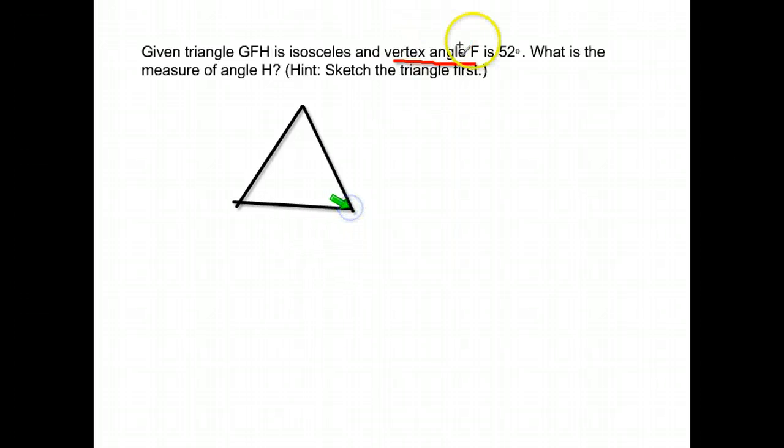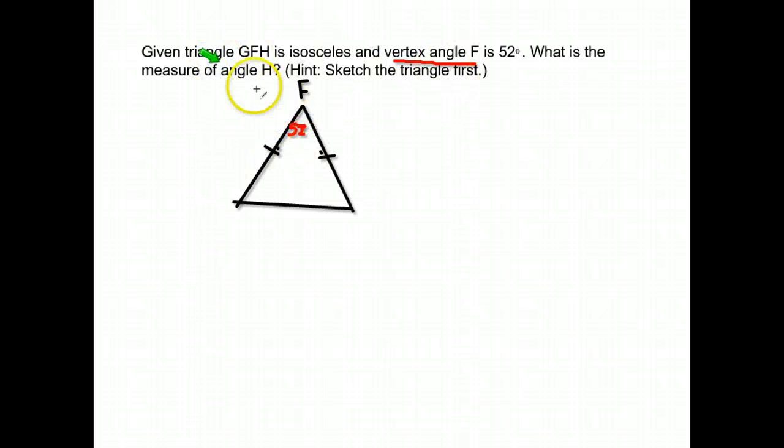It specifically tells me the vertex angle is F. So if these are my congruent sides, F would be up here. The vertex angle is the part that's not a congruent angle. It's where your congruent sides meet. And it tells me that that angle measures 52 degrees. I'll put that into my picture also.